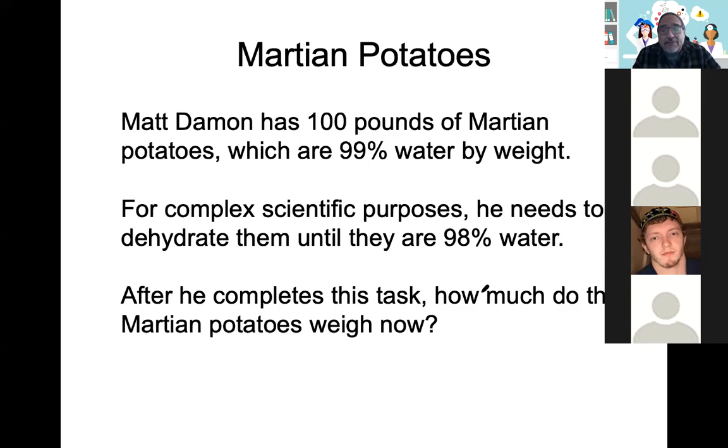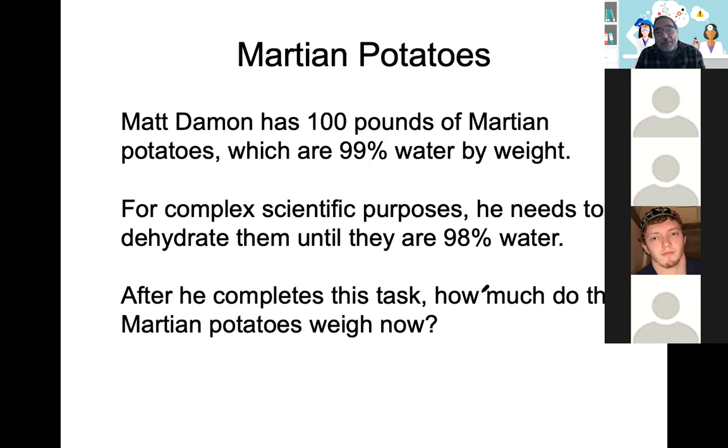And potatoes, this is not true, by the way, it's just for the problem, are 99% water by weight. In order to store them properly, he has to dehydrate them until they're 98% water. So he's got to dry them out from 99 to 98% water. After he evaporates that water, how much do his potatoes weigh?